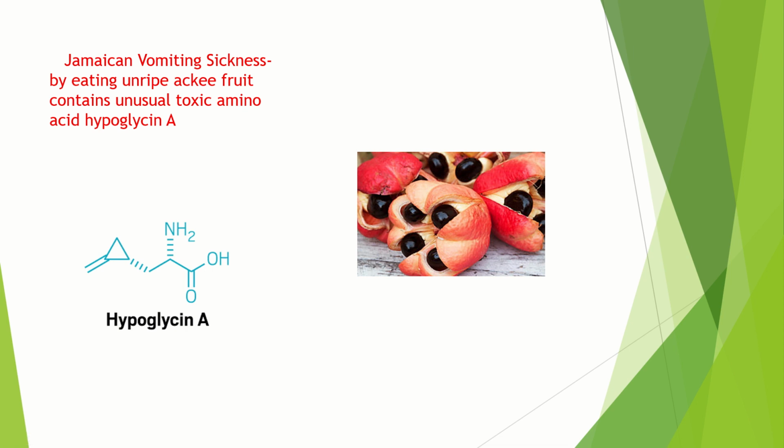This toxic amino acid inhibits the enzyme acyl CoA dehydrogenase, so it also blocks the beta oxidation of fatty acids, and it leads to various complications, as we have seen in the earlier case. So that is regarding Jamaican vomiting sickness.